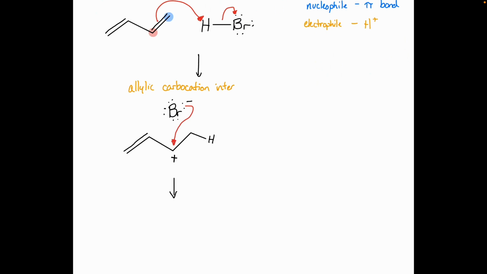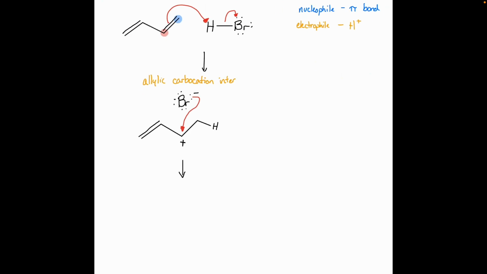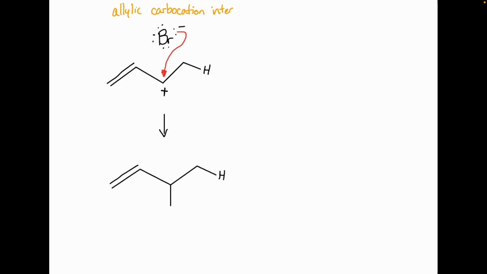This pair of electrons is going to attack that carbocation, giving us a new carbon-bromine bond. I'm going to specifically keep in this new hydrogen. If you left it implied, that would be all right as well, but since it is a new bond, I'm going to put it on there explicitly.